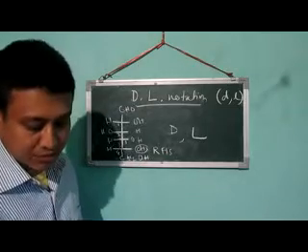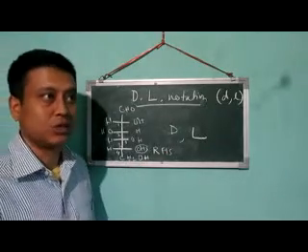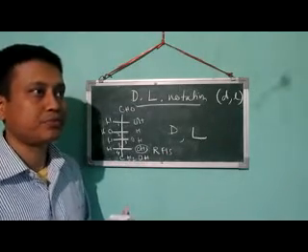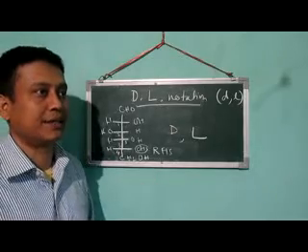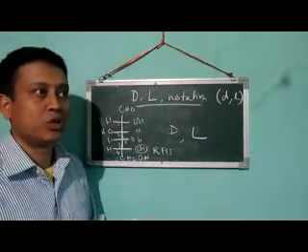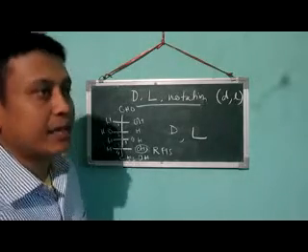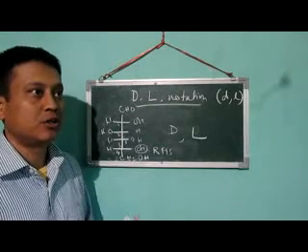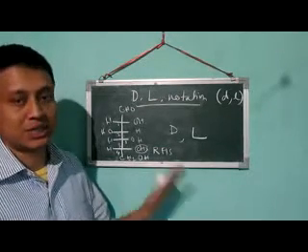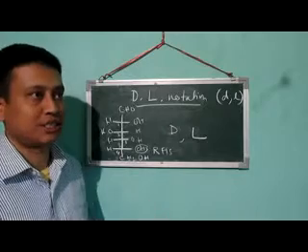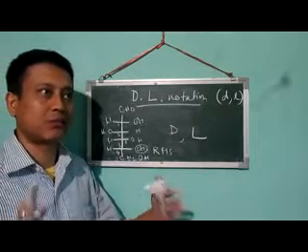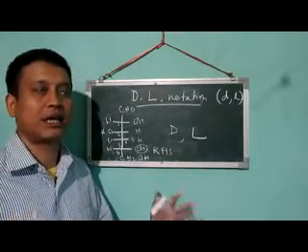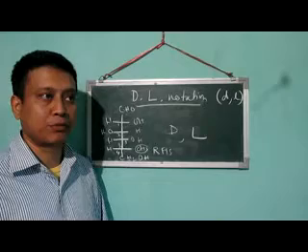Up to this we have discussed so many types of nomenclatures today. We have discussed D L, erythro and threo, R S, and then we have also discussed earlier E Z and cis-trans types of nomenclature. All these types of nomenclatures are necessary to understand and to show some examples on this.